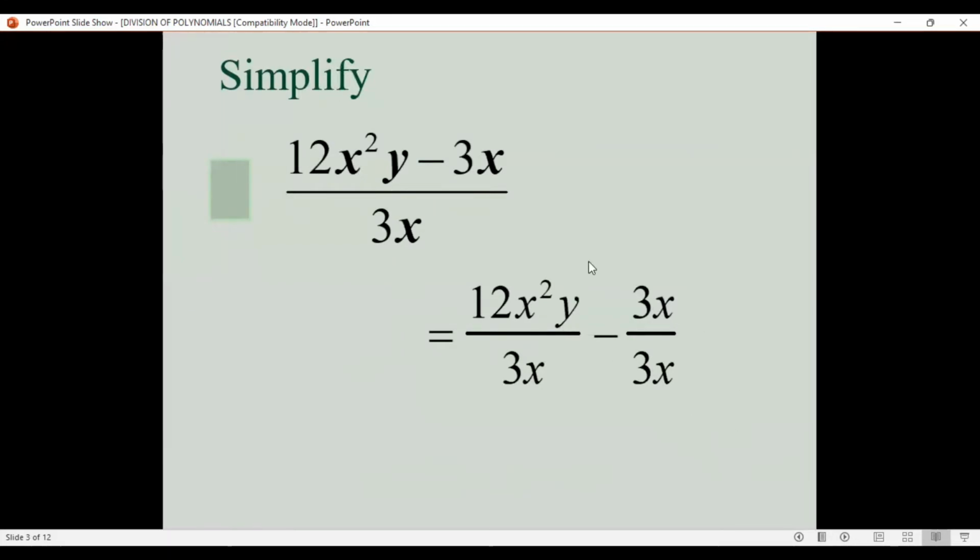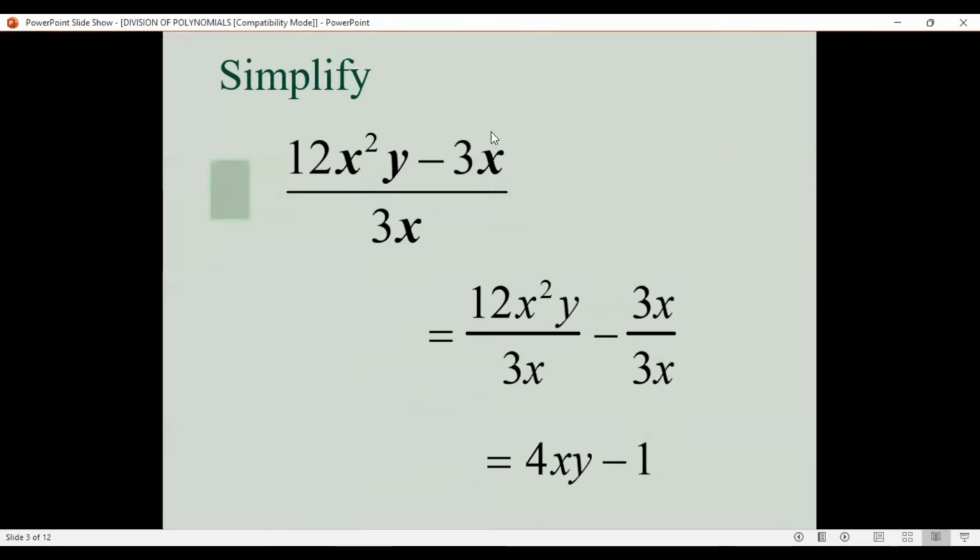Okay, but remember, this is a different term that we are having, so when you answer this, it should be 12 divided by 3 gives you a 4, and then x squared divided by x, again we have an x, and you have the y. Now dividing 3x by 3x, the answer that we will be getting there, you have a negative, so negative 1.